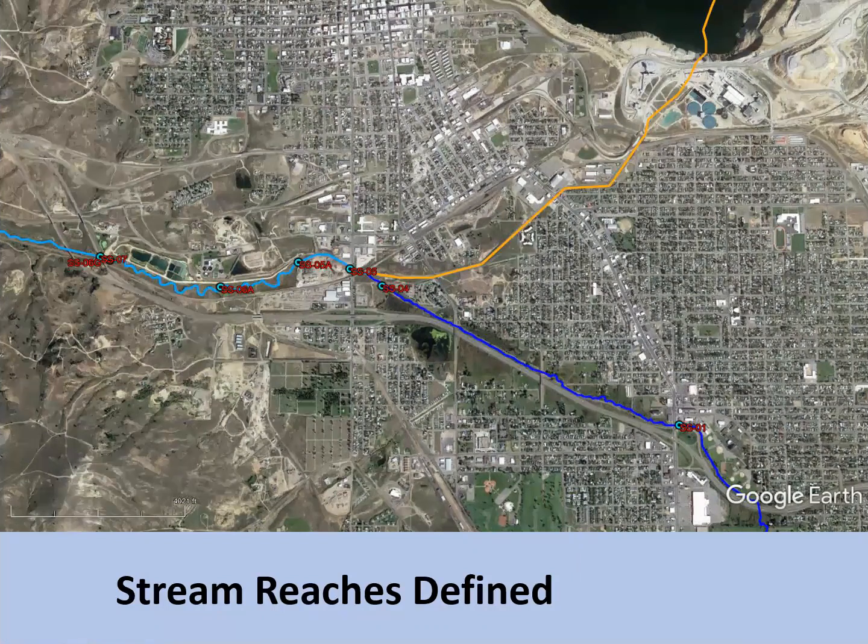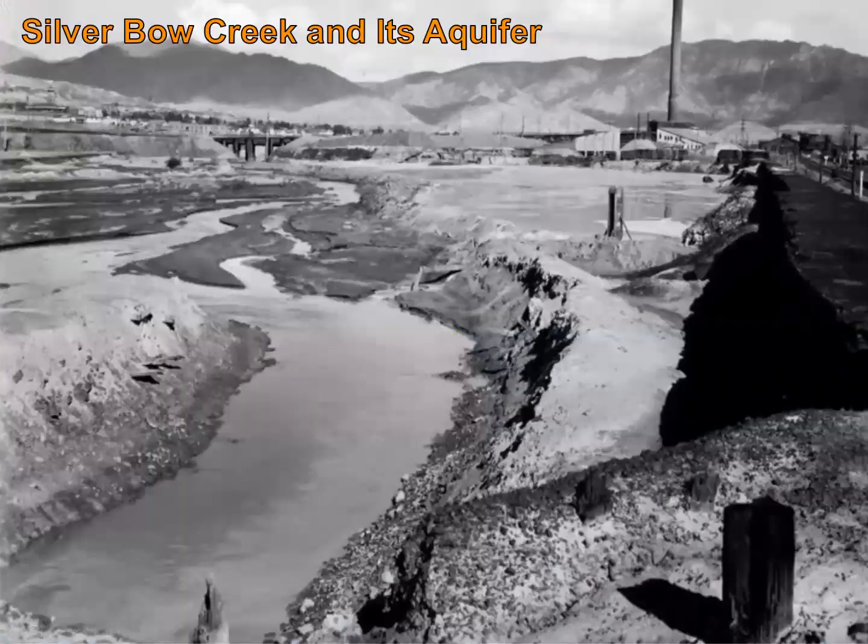And if we're looking at flow, if there's an increase in flow, we can assume maybe that's groundwater coming in. Or if there's an increase in a contaminant, we might assume that that's a contamination input from the stream. So let's take a look in the past at what Silverbow Creek looked like and why we have this problem.